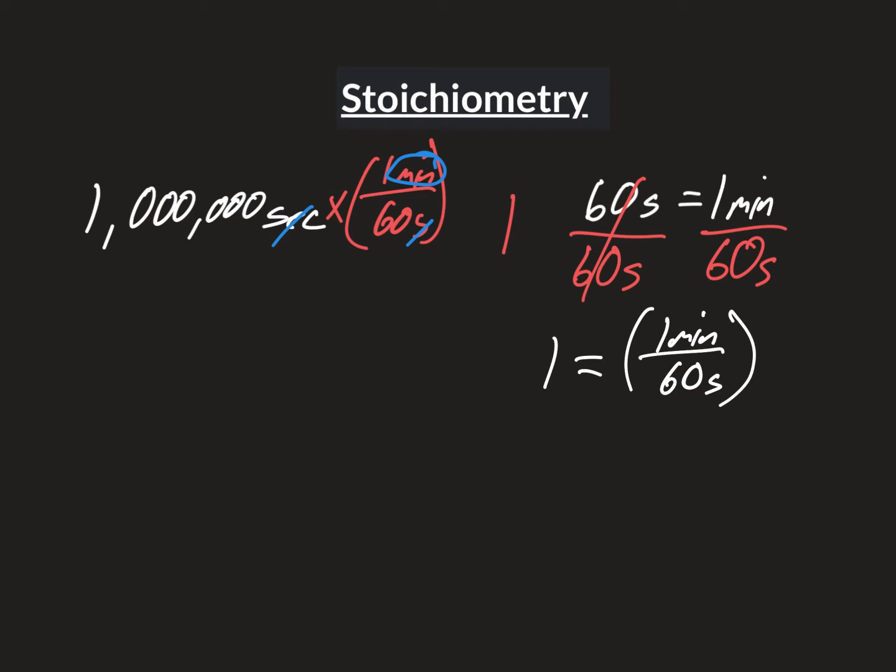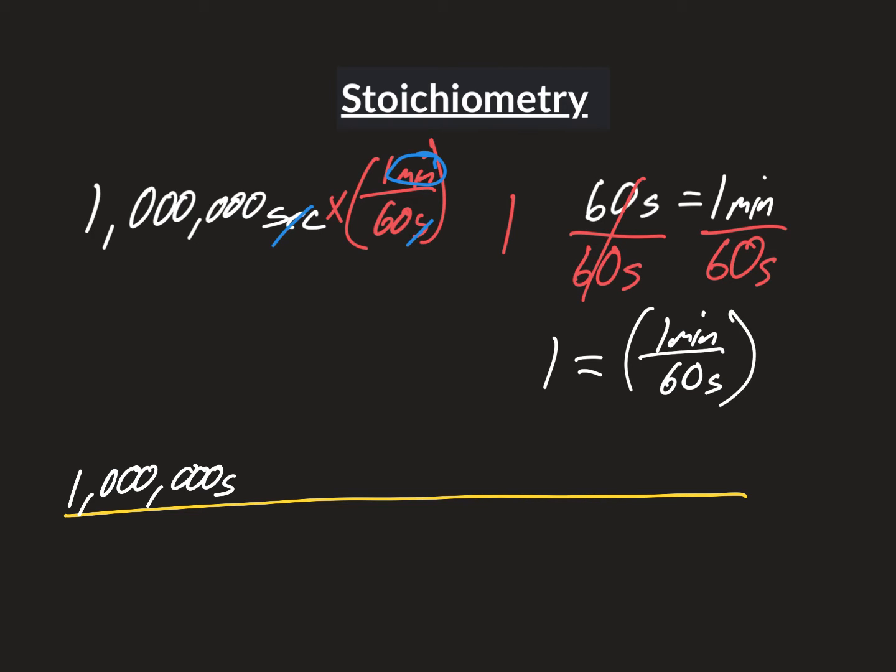To give you an idea, though, you can also set up to do it multiple steps as long as you know this method, and a method that we call the railroad track method. It's called the railroad track method because you have a straight line and you have a certain value that you're starting with, in this case, 1,000,000 seconds. And then you put another railroad track down in order to block it off.